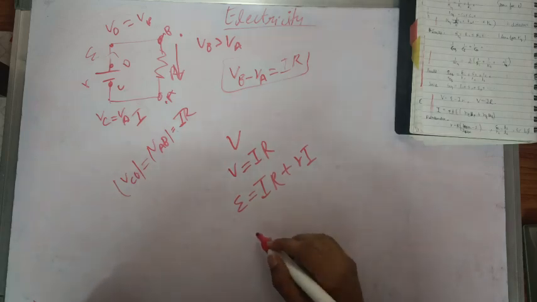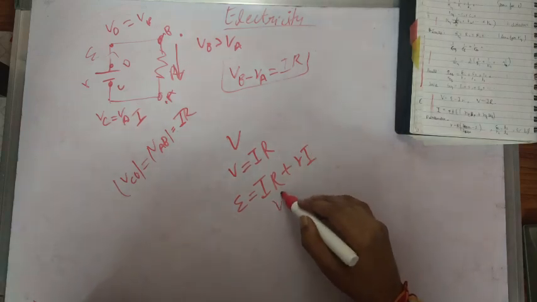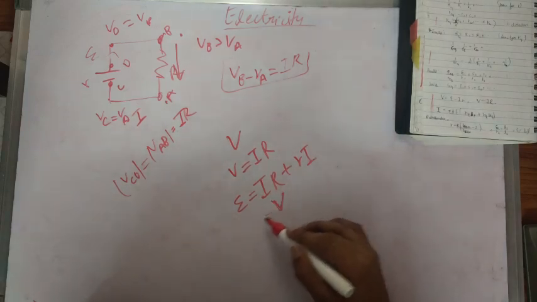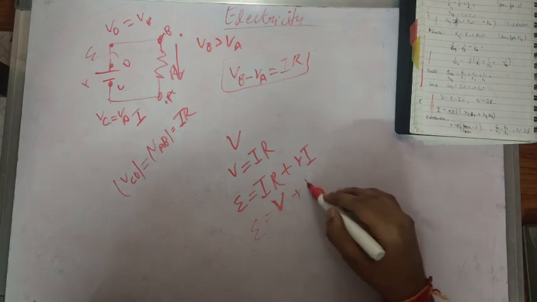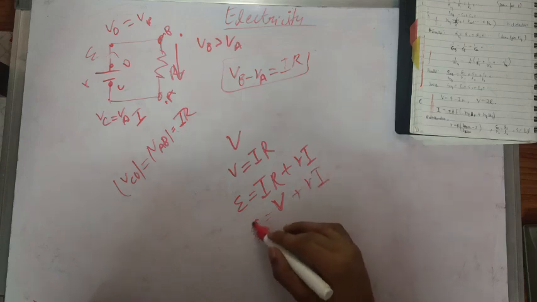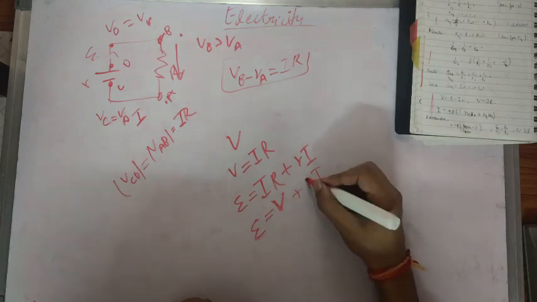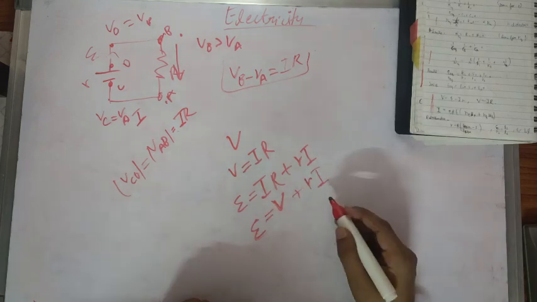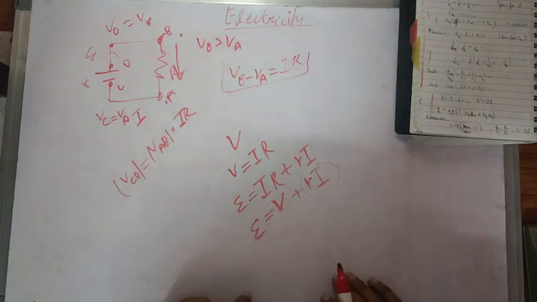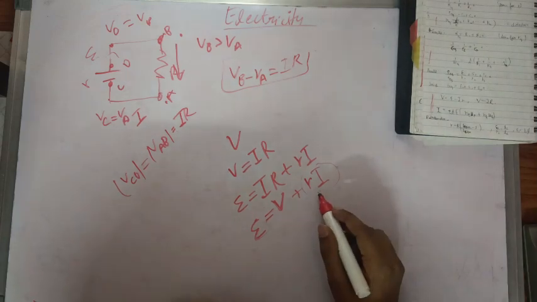Here this is called V, the potential difference across the cell, and this is the potential drop in the cell, rI.